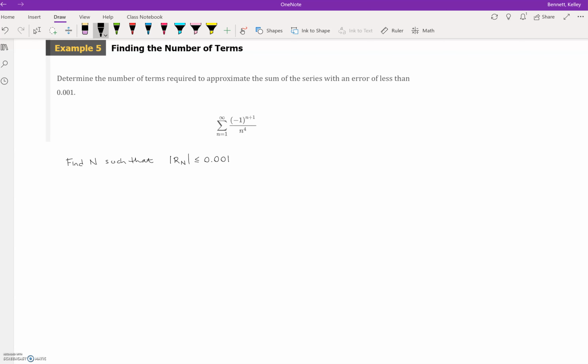In order to do this, we're going to take R sub n, and we know that R sub n is bounded above by a sub n plus 1. If I stick that in the middle, then I'll be sure to achieve this tolerance.